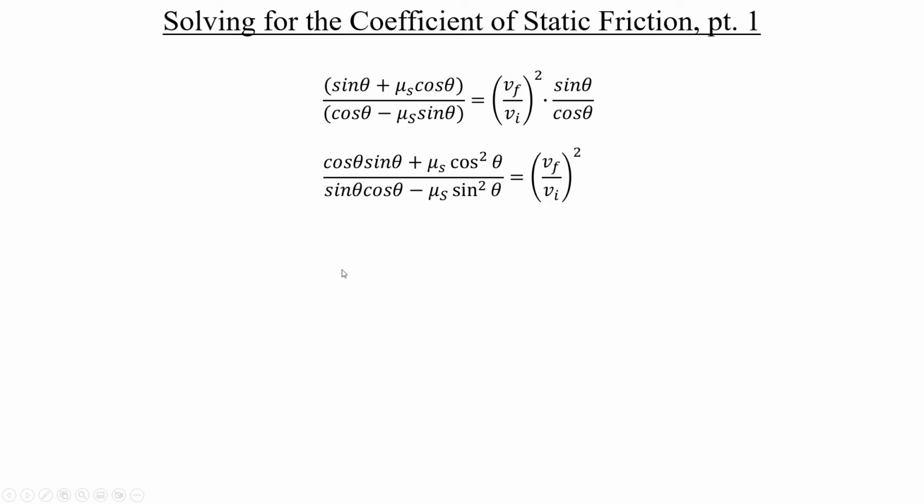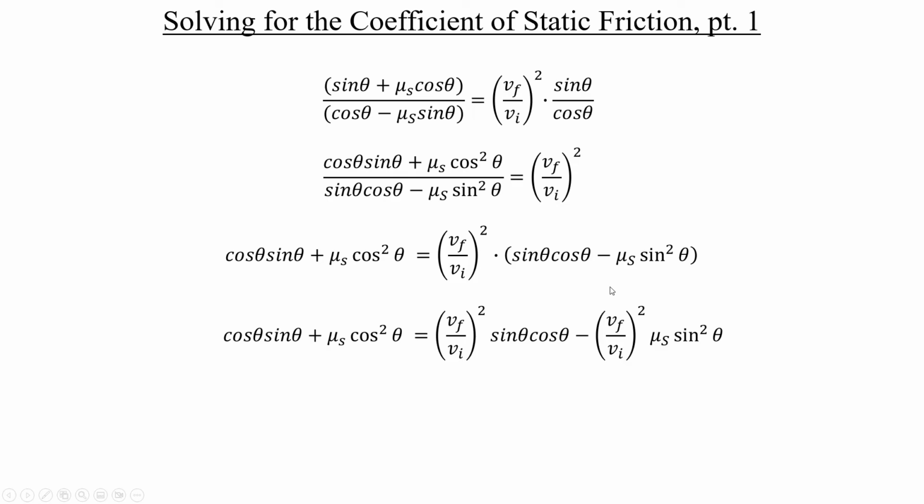And that will bring us a little closer to our goal, which is to get at mu sub s. To get that, though, I need all the mu sub s terms on the same side, which means I'll need to distribute this squared fraction into both terms in the parentheses, which looks like this.